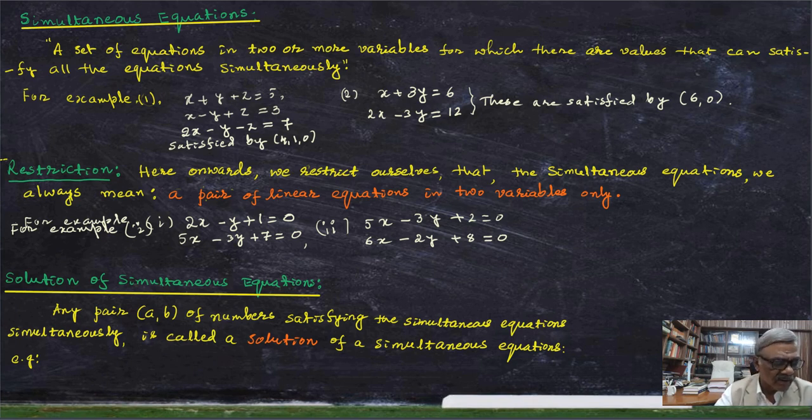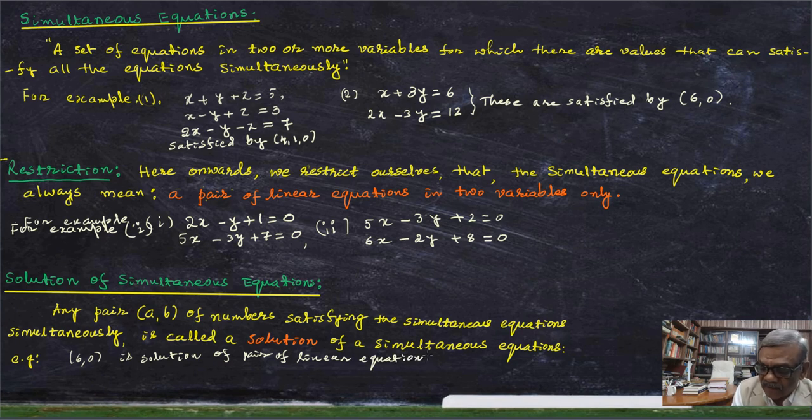For example, the earlier one which we have taken, (6, 0), is a solution of the pair of linear equations x plus 3y is equal to 6, and 2x minus 3y equal to 12.